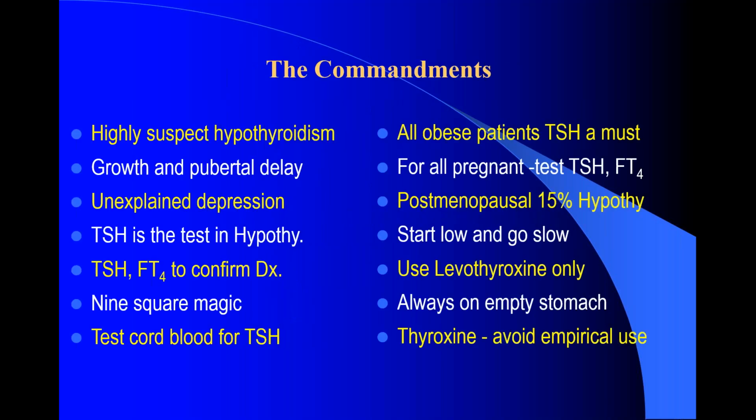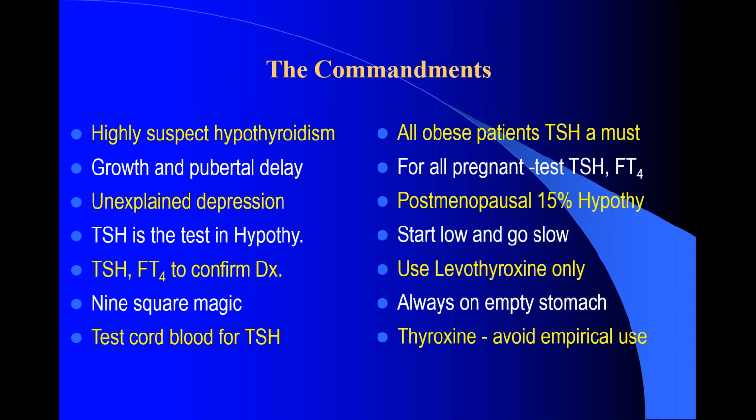So you have to remember in hypothyroidism that you should have a high suspicion for hypothyroidism in the populations I have told you are at risk, like hypertension, depression, dyslipidemia, infertility. Then if there is growth and pubertal delay, or unexpected depression, then TSH and FT4 to confirm the diagnosis, using the 9-square magic that I have told you. Then all obese patients should be tested with TSH. All pregnant patients have to be tested.